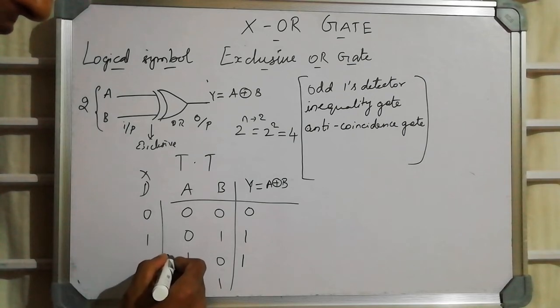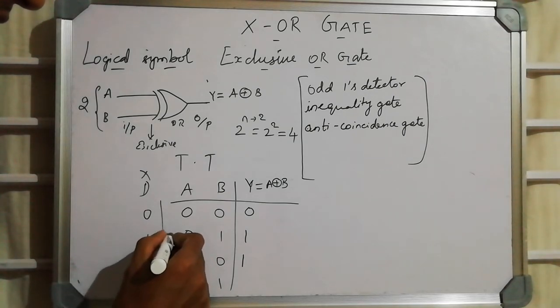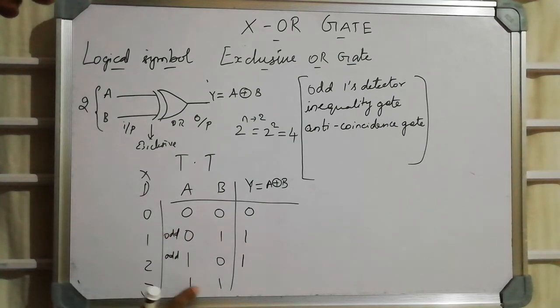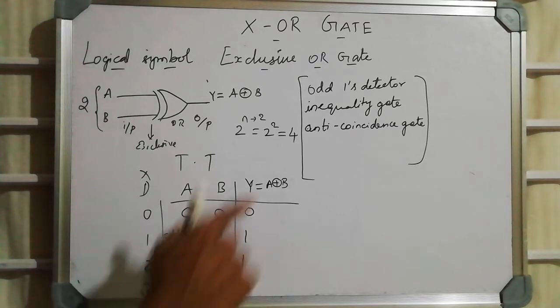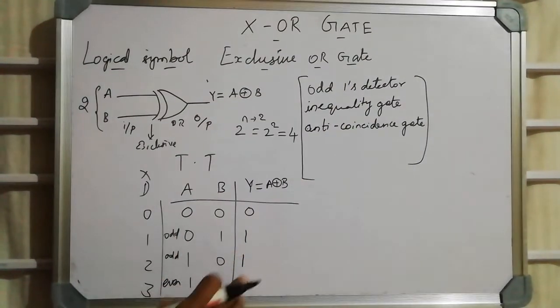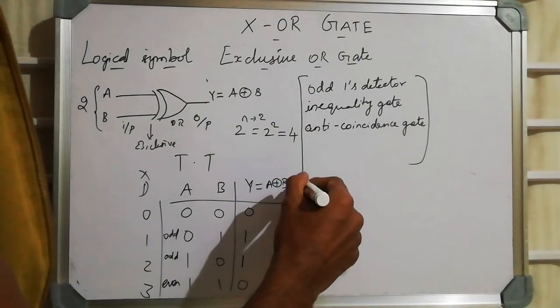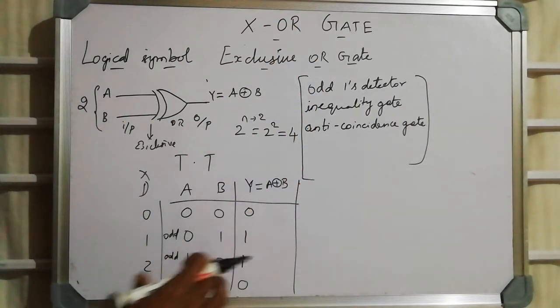These are odd. In this case you see two ones are there, so it is even. It is not going to identify these two cases, so it will produce 0 only. It is an odd ones detector only, it will not be high for two ones. So this is the truth table of the XOR gate.